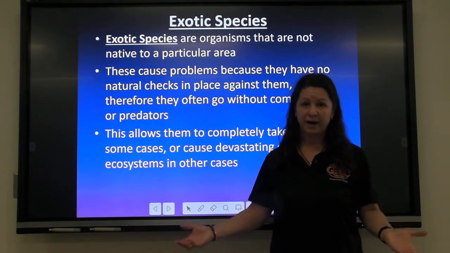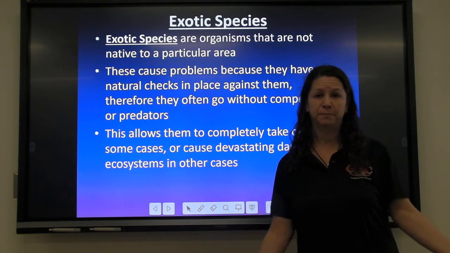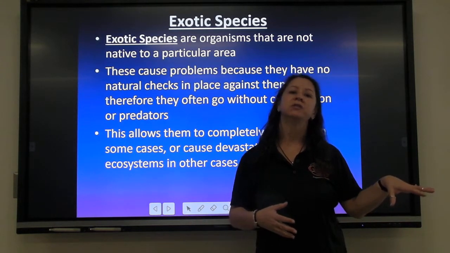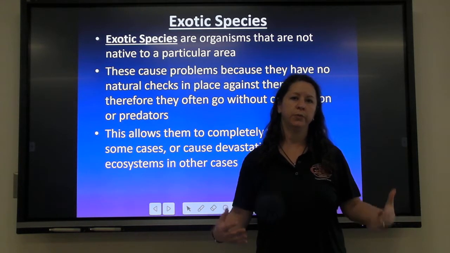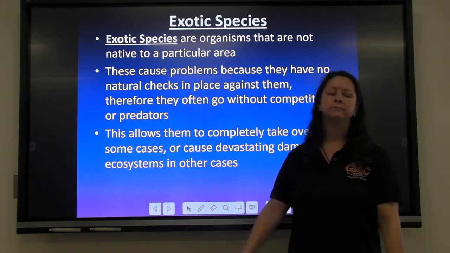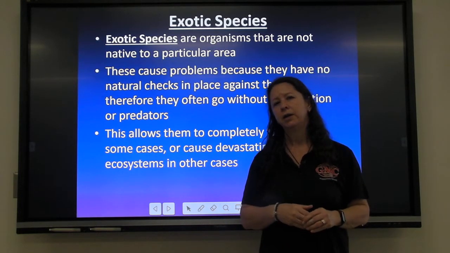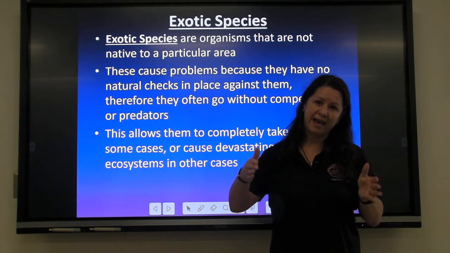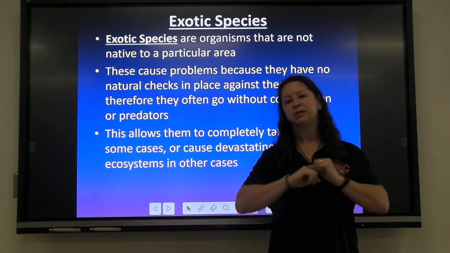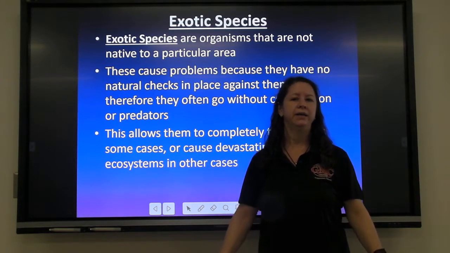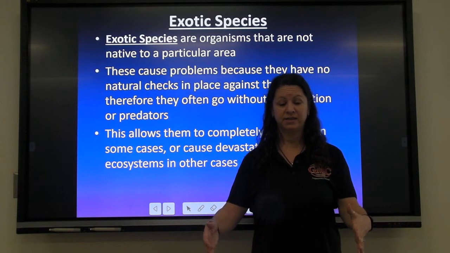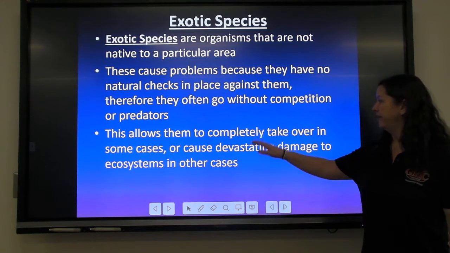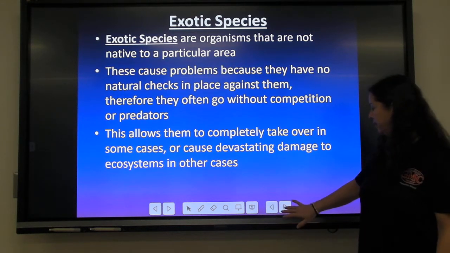So they had this great idea, with the best intentions possible, because our soil was washing away and kudzu would stop that. Well, we brought kudzu in. Kudzu is exotic. Nothing eats it much. It's hard to kill. It grows a foot every day. And so it's just taking over and destroying ecosystems. You've seen it. If something sits still in the South, kudzu will grow over it. That's a great example of how it can cause devastating damage and take over.